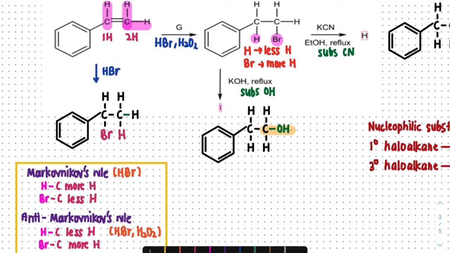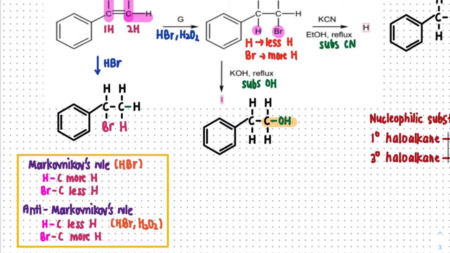So it is reversed. So when adding HBr alone, the bromine and hydrogen positions are reversed. So this is for anti-Markovnikov: it is only HBr with H2O2. We do not have HCl or HF. It is only HBr, but to follow anti-Markovnikov, we must have hydrogen peroxide, H2O2. This one is a bit confusing.